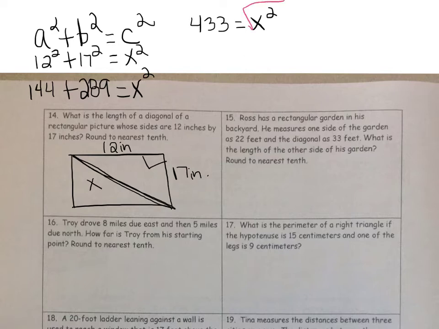You've got to take the square root of both sides. The square root of x squared is x. The square root of 433 from the calculator is 20 and 8/10 inches. So your answer here is 20 and 8/10 inches. Okay.